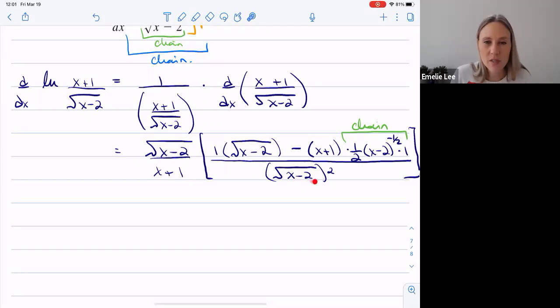The root of x minus 2 squared, but then that's also being multiplied by the root of x minus 2 in the numerator. So I could just cancel one of these root x minus 2 with this power of 2. So I would still have the root of x minus 2 in the denominator.